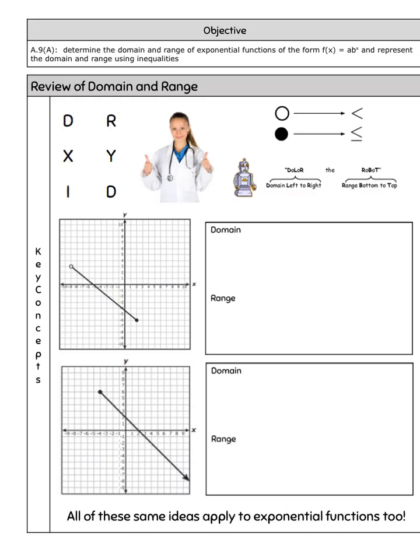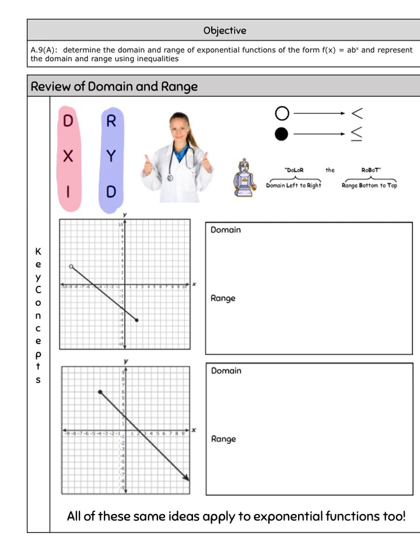Now let's review a couple of things that we already know, but is super important when we're talking about exponentials. First, we're going to look at it when we're talking about linear equations. So we know that our domain are our x values that go with our independent values, and our range are our y values that go with our dependent values.